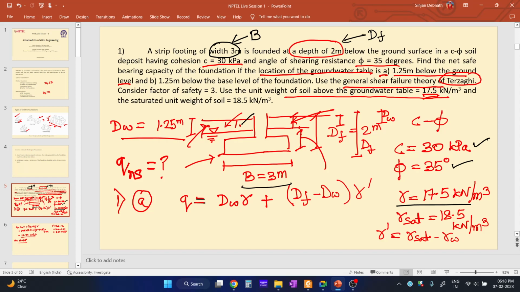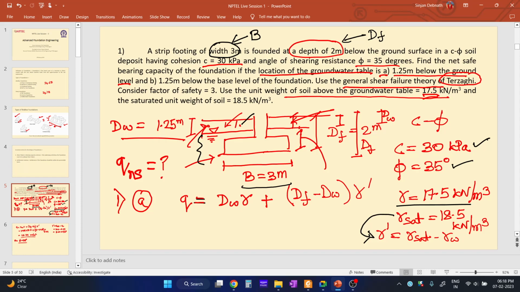This part is fully submerged, so from the saturated unit weight we will calculate the submerged unit weight of soil. We just have to deduct the unit weight of water from the saturated unit weight of soil.